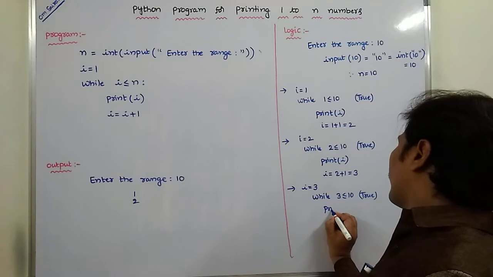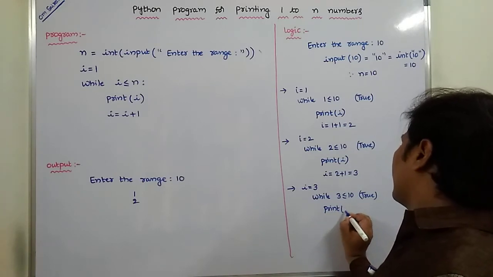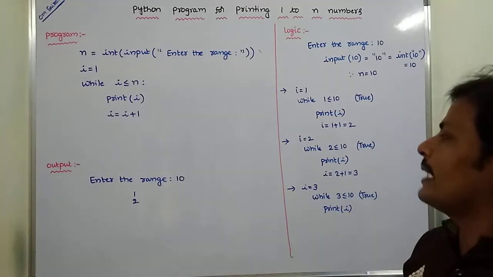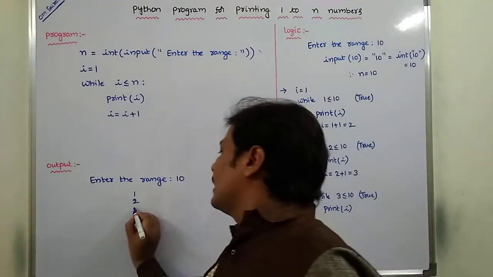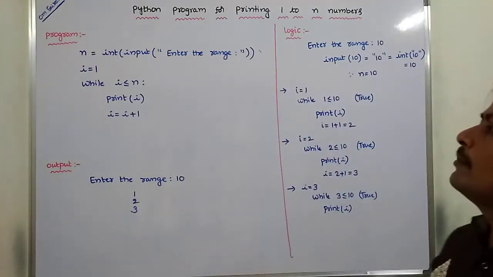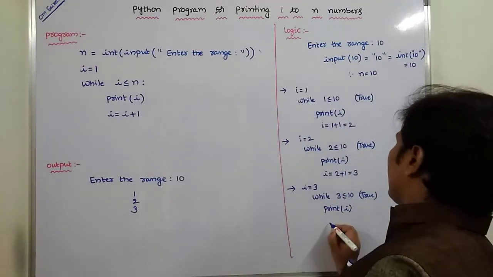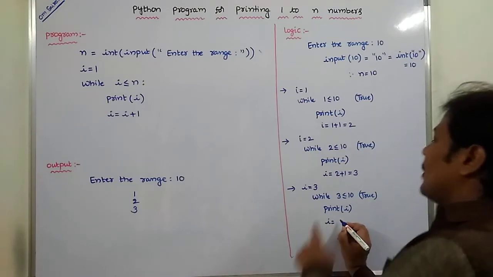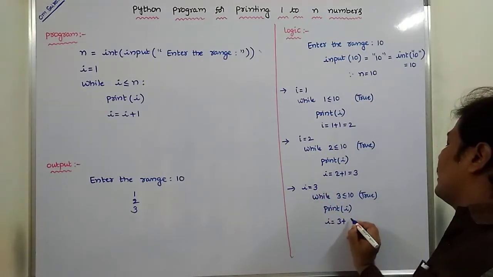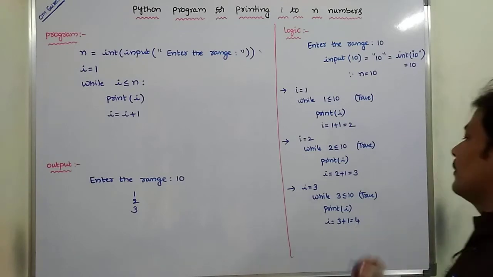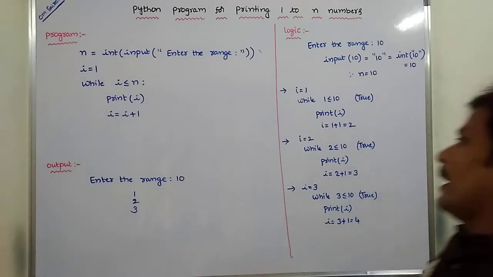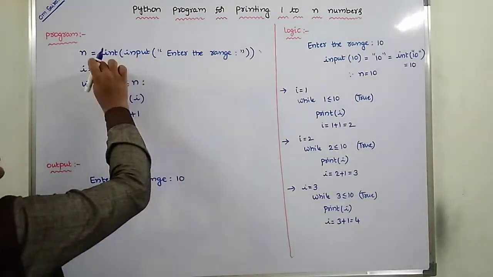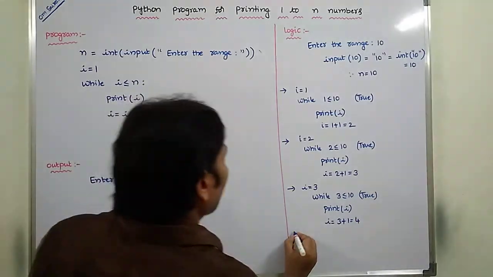In the body, print of i, so i value is printed. Now i value is 3, 3 is printed. Next one, i is equal to i plus 1. I value is 3, 3 plus 1 is equal to 4.